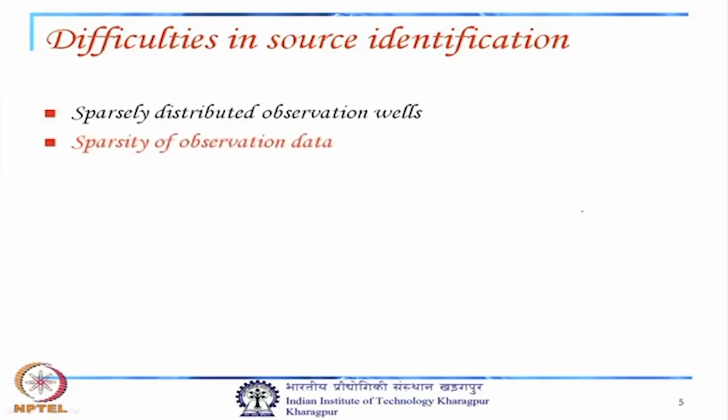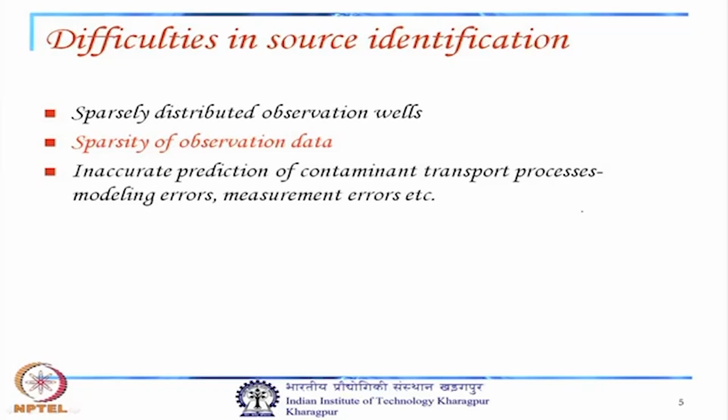And sparsity of observation data, inaccurate prediction of contaminant transport processes, modeling errors, measurement errors. So, one kind of error is related to modeling error, another one is measurement error. So, sparsity of data, error in measurement and error in modeling, these three are the most important things for source identification.